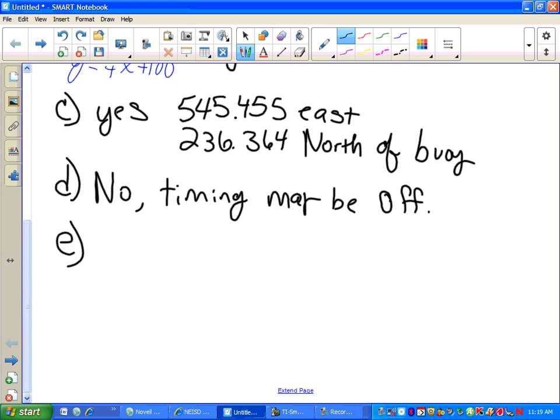E. Now it's wanting us to write it in parametrics. Okay. So we're moving into our parametric equations now. Here's what I think I would do. So you want to put x of Saeed over time and the y of Saeed over time.